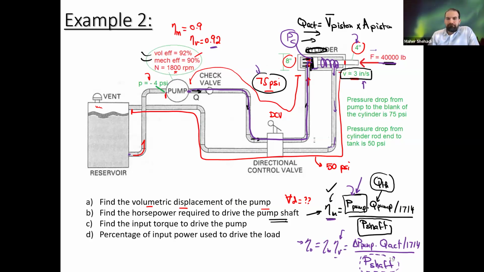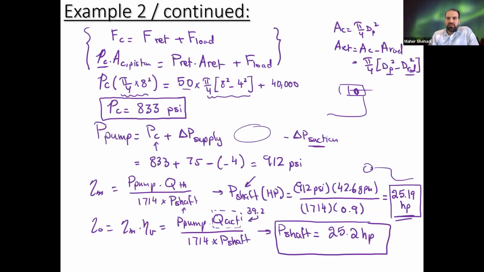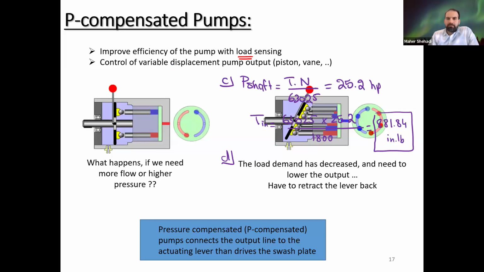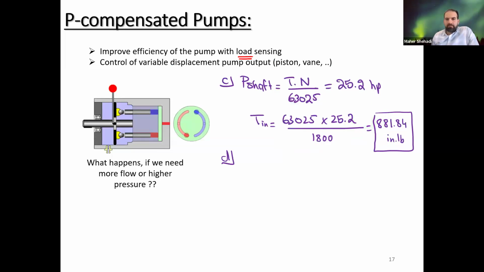Okay. So to find the percentage for my system, I need to find the power out from the whole system, not just the pump, over the power in used by the pump.